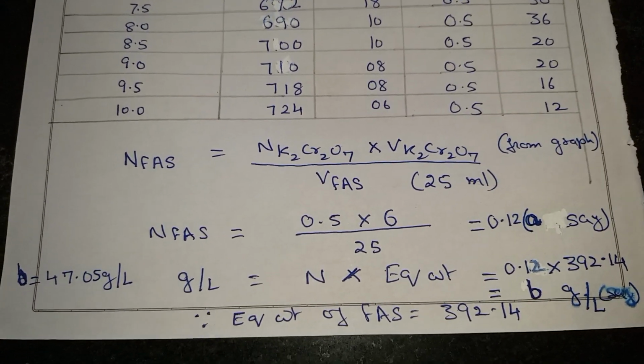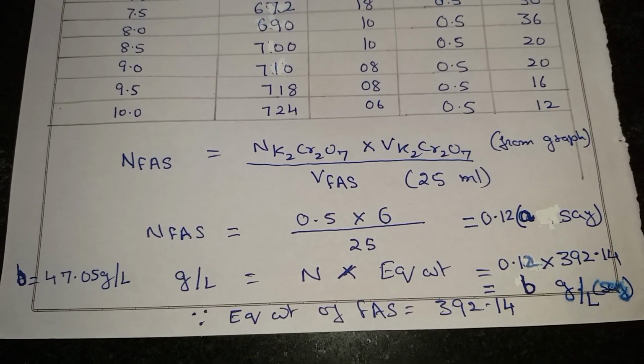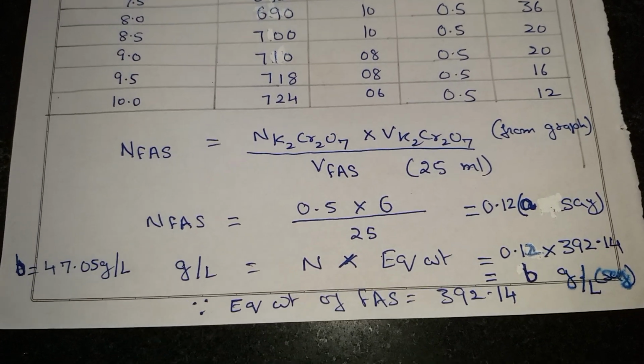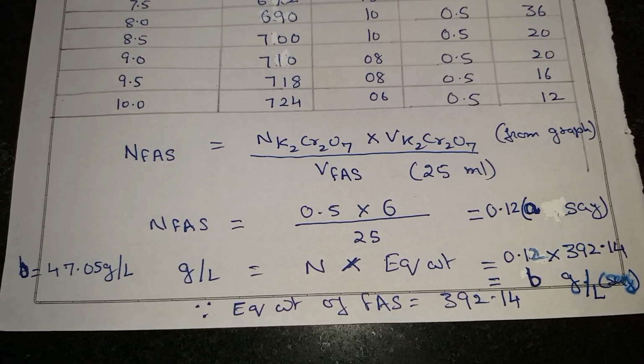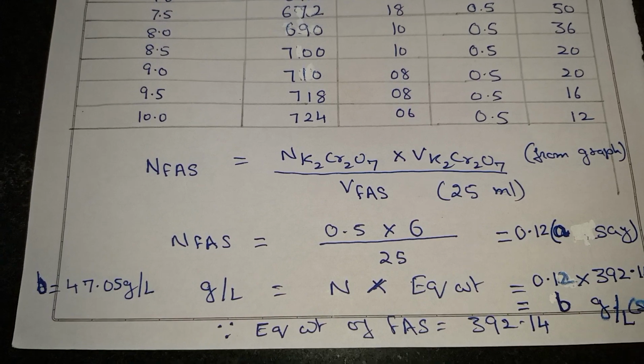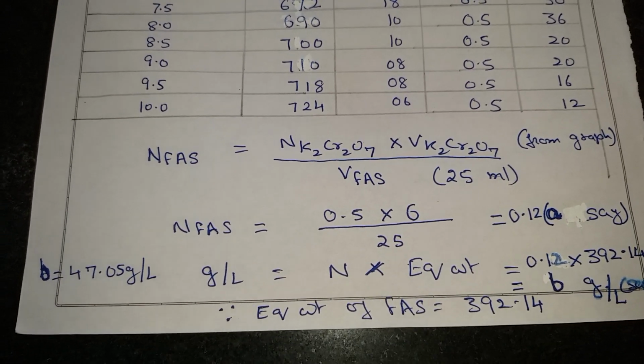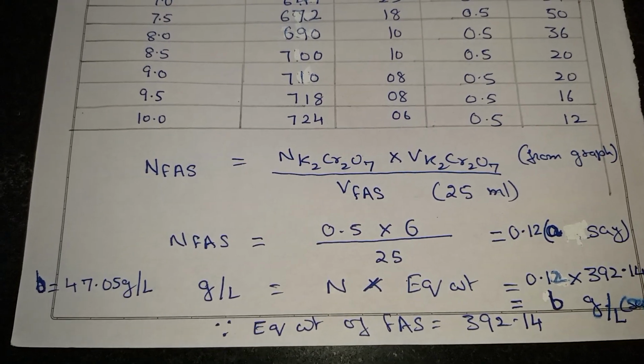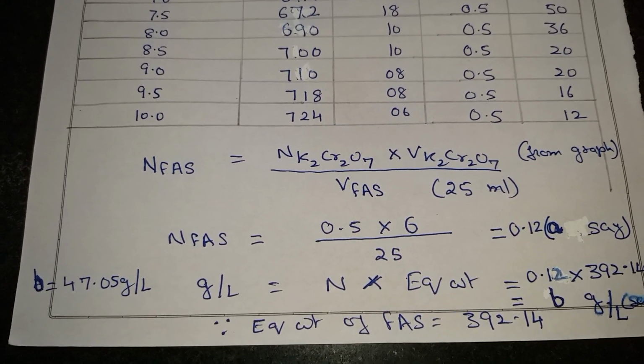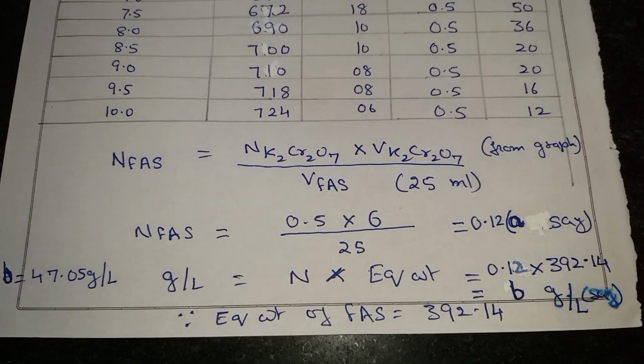When we multiply this normality with the equivalent weight of ferrous ammonium sulfate, which is 392.14, we can get the grams per liter of ferrous ammonium sulfate in the given test solution, which is equal to 47.05 grams per liter in this case.